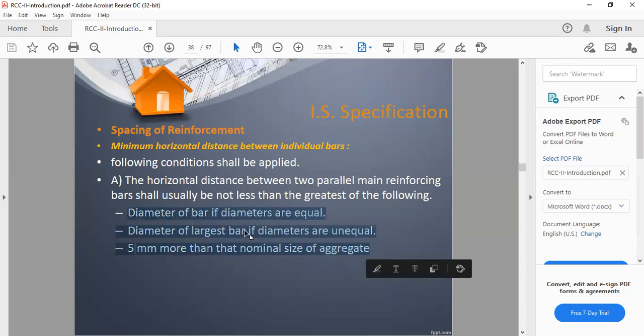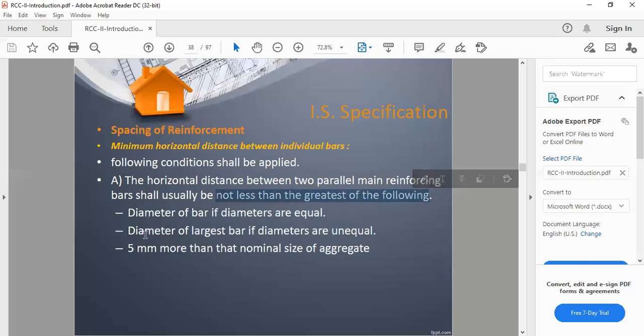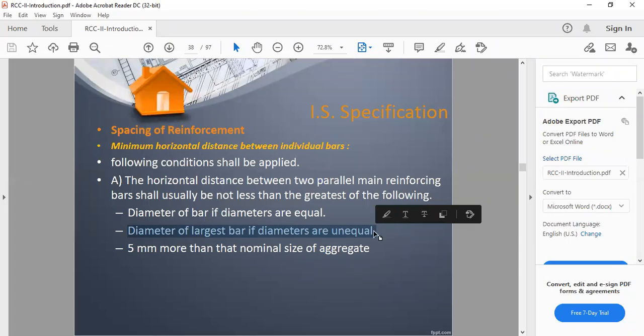The minimum distance between two parallel main reinforcing bars shall be not less than the greatest of the following. Suppose the diameter of the largest bar is 12 mm, so it should not be less than 12 mm. Diameter of the bar, suppose one bar is 10 mm diameter, and then suppose you are going to provide 5 mm aggregate, so 5 plus 5, that's going to be 10. So the maximum would be 12 mm here.